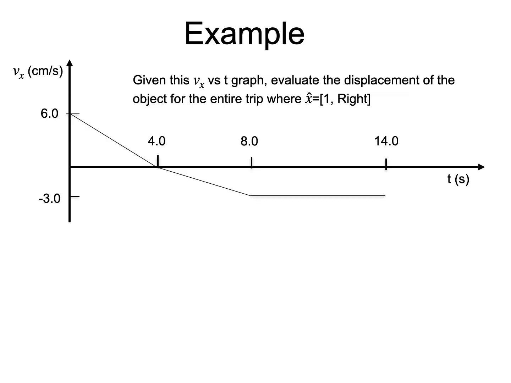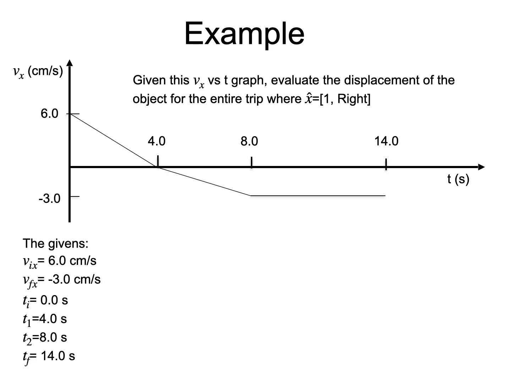The last item in this lecture is a numerical example where the displacement of an object is evaluated from a x component of velocity versus time graph. Let us start by giving variable names to the numerical information from the graph. We have the x component of the initial velocity and of the final velocity, and some important time values like the initial time and the final time.